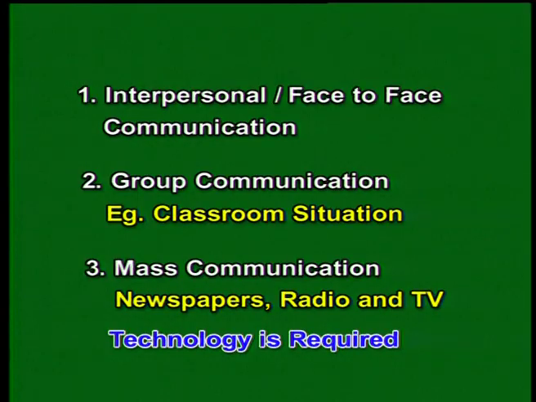We have so far discussed three different forms or kinds of communication. The first is interpersonal communication. The second is group communication. And the third is mass communication. Irrespective of the form or kind of communication, all communication is broadly put to two or three different uses. The first is to disseminate information.